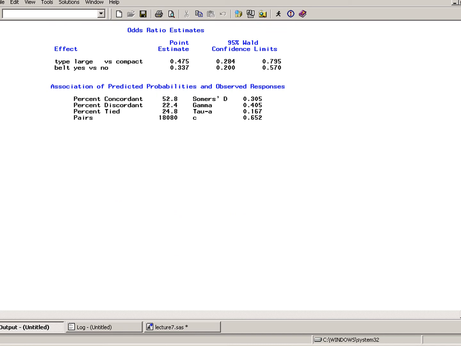There's our odds ratios, verifying what I just said about them being lower. And of course, the odds ratio quantifies specifically how much lower.